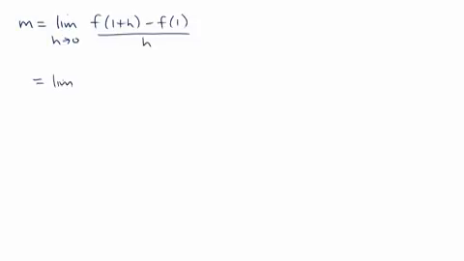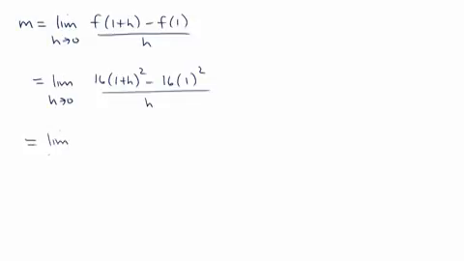So let's find our limiting value m, which would equal the limit as h approaches 0 of f of 1 plus h minus f of 1 all over h. That gives us the limit as h approaches 0. f of 1 plus h would be 16 times the quantity 1 plus h squared minus f of 1, which is 16 times 1 squared, all over h.